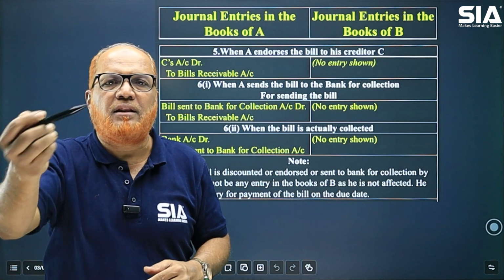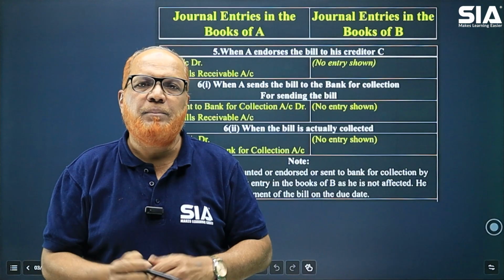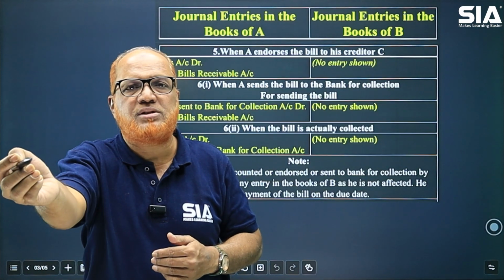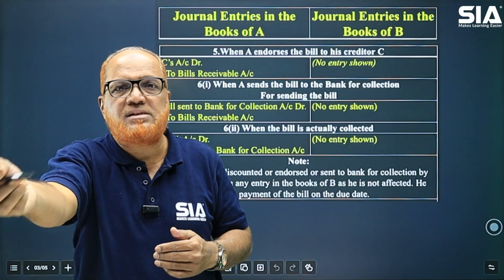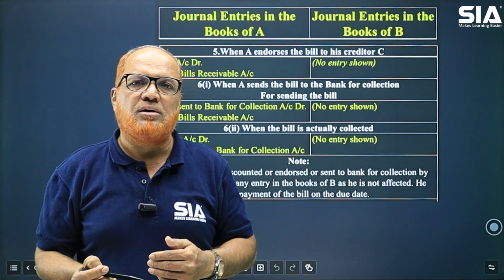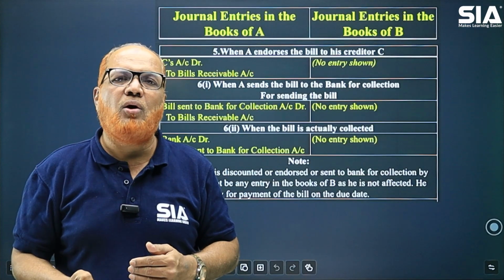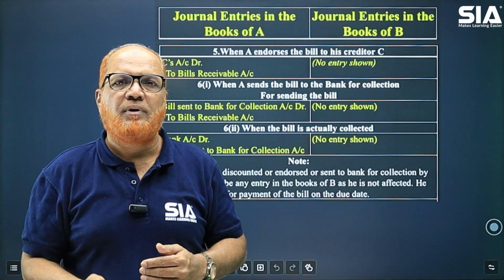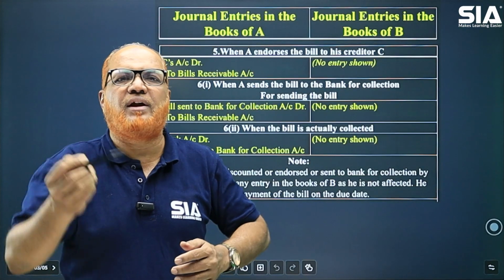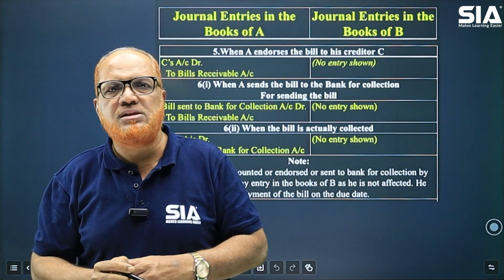A has to pay 10,000 rupees to his creditor C. That means A has purchased the goods from C. Now A has to pay C 10,000. Instead of paying 10,000 to C, he will endorse the bill to C. Endorsement means transferring. The bill is being transferred from A to C.